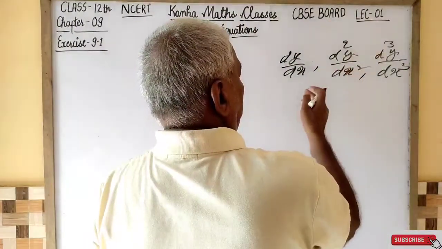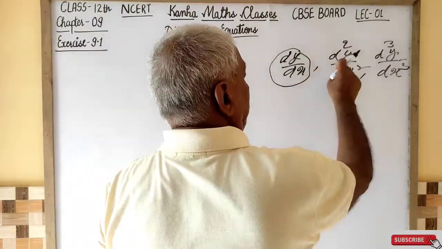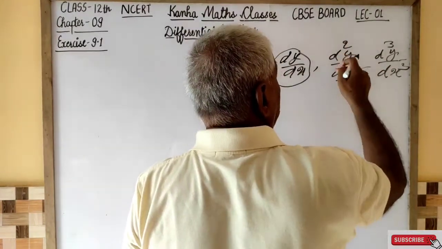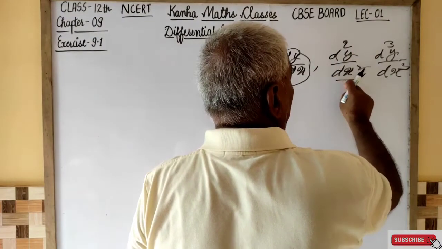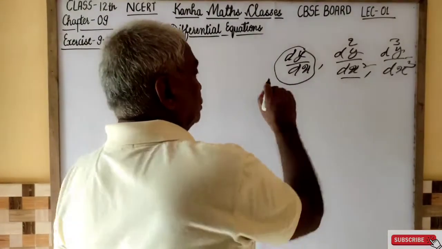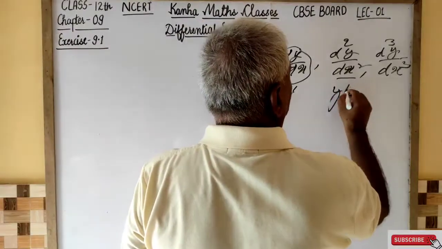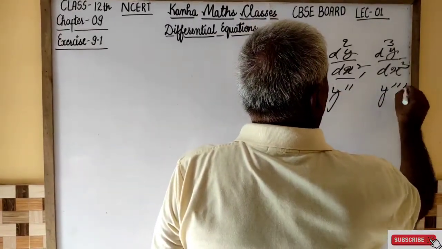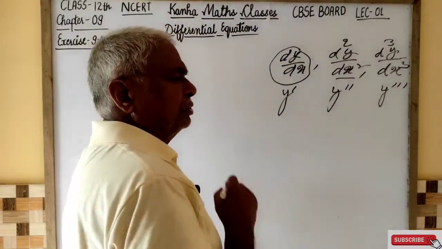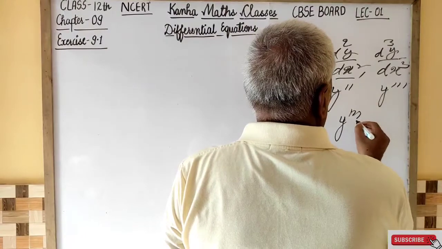and this is the second derivative, meaning d/dx of dy by dx will be the second derivative, d square y dx square. Again the derivative of the second, d/dx of d square y dx square, will be equal to d cube y dx cube. Often and generally you use this terminology as y dash, y double dash, y triple dash, and for higher order derivatives you may use in general y m, any order m.